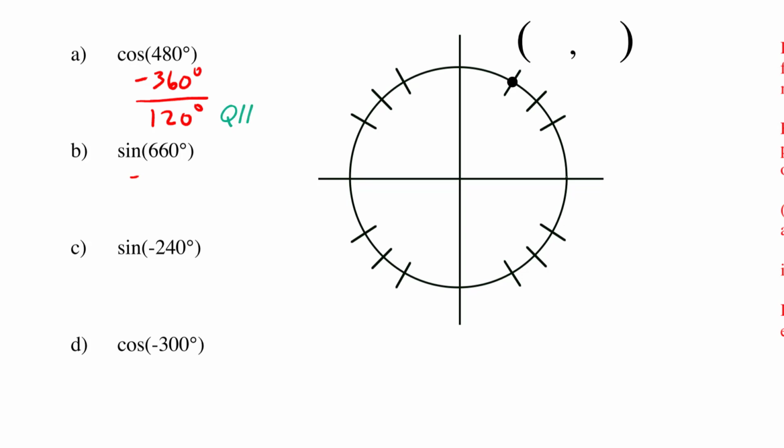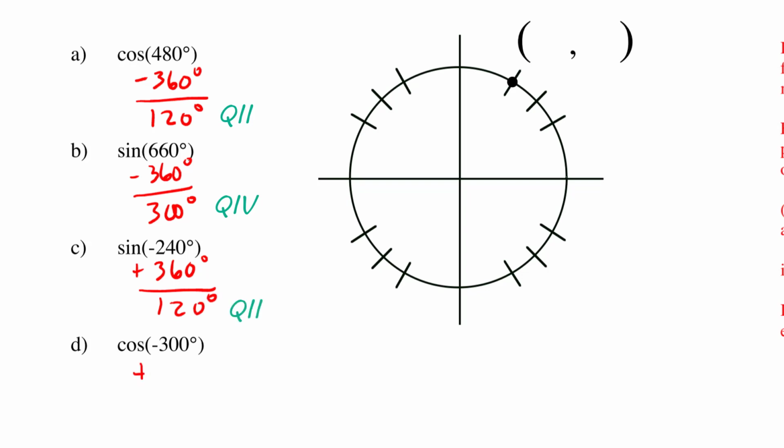So let's see, that's in quadrant 2. We'll get there in a moment. 660, we'll subtract 360 to get 300 degrees, a 4th quadrant value. And for negative 240, we'll actually add 360 to get a positive 120 again. So those are all coterminal. And we'll do the same for negative 300 degrees, add 360, and we get 60 degrees.